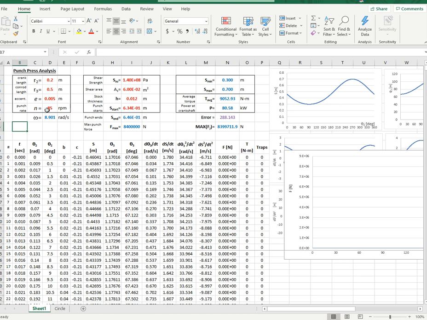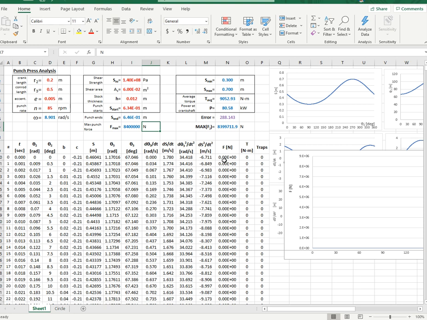This is constant RPM, constant angular velocity. Then a column for theta in degrees, the independent variable or x-axis values for these plots. Then s and theta 3, and theta 3 in degrees, because you need it to judge the transmission angle. Then the first and second time derivatives of theta 3.